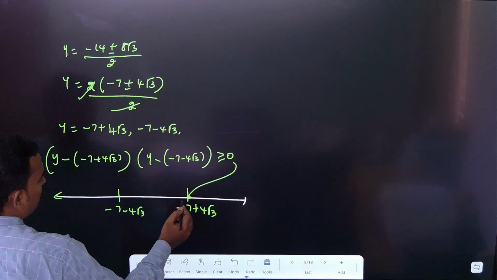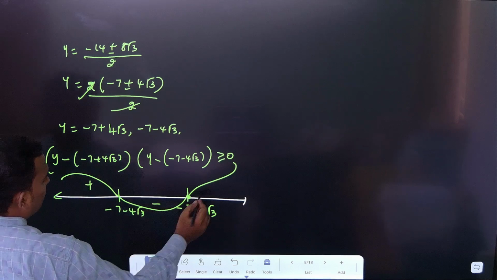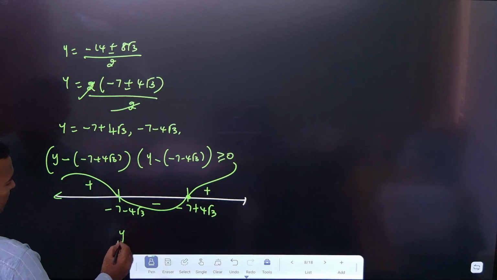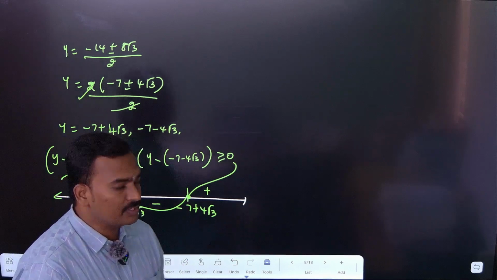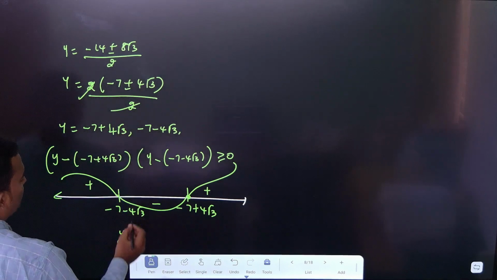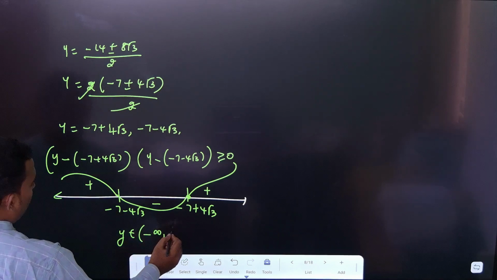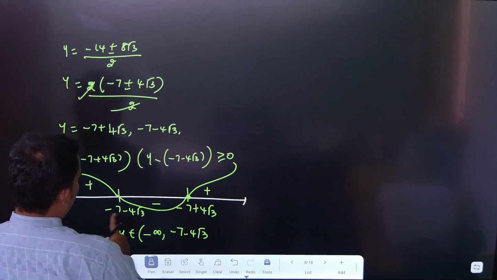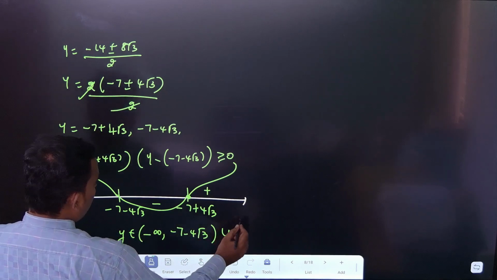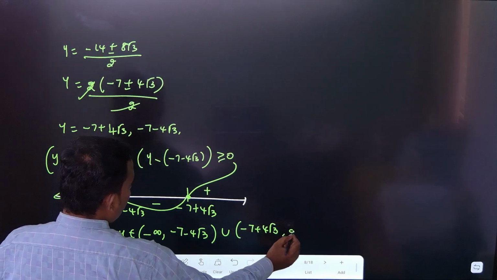Start with positive, negative, then positive. Therefore, since we need the product of the expression to be greater than or equal to 0, y belongs to minus infinity to minus 7 minus 4 root 3, union minus 7 plus 4 root 3 to infinity.